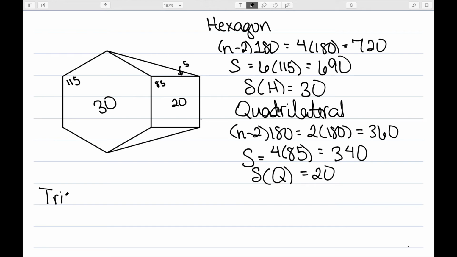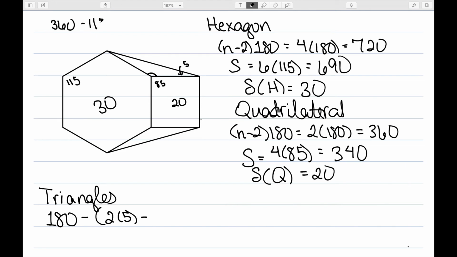If I consider my triangles, this is going to be 180 minus my angle sum. We have two angles that are 5 degrees each. And then we need to consider this angle here. So a little bit of side work. We're going to look at the entire circle here and subtract out the parts that we don't need.